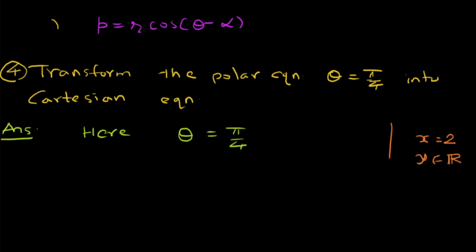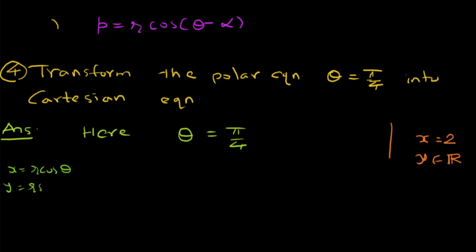The same way we have here theta is equal to pi by 4 and r is not given, meaning r is arbitrary. r is any number. We want to convert this into Cartesian form, meaning we want to bring in the variables x and y. For this we'll use the relationship between the Cartesian and polar coordinates. Out of the four relationships, we have x is equal to r cos theta and y is equal to r sin theta.